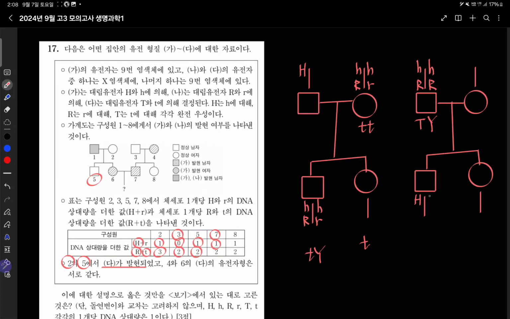So he should be heterozygous for the first trait and homozygous dominant for the second trait. And he also doesn't have a lowercase t allele, like his father. That means he received the capital T allele from his mother.